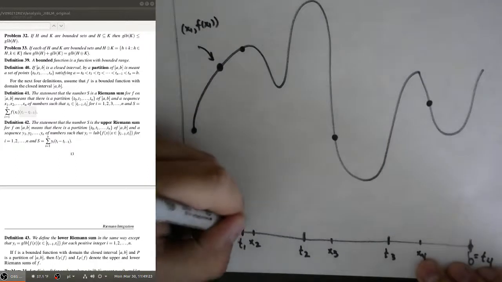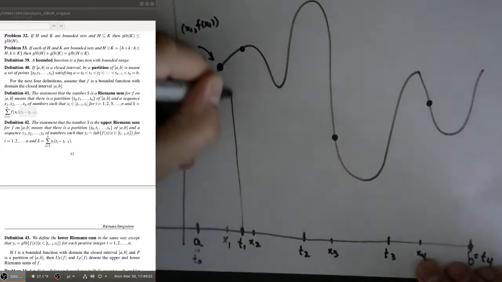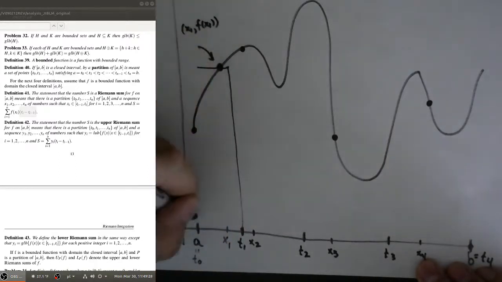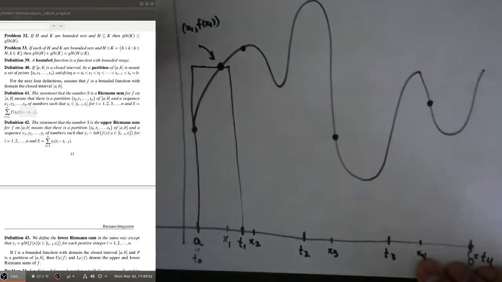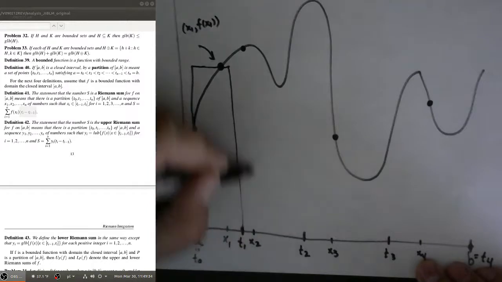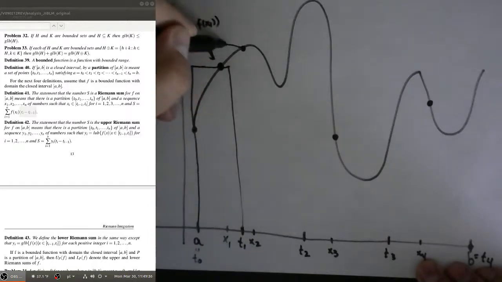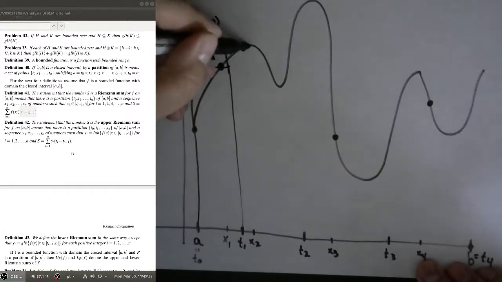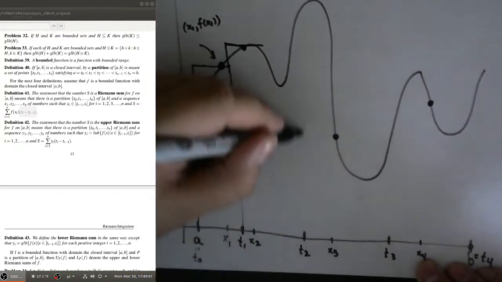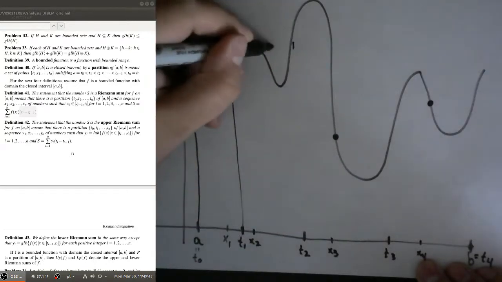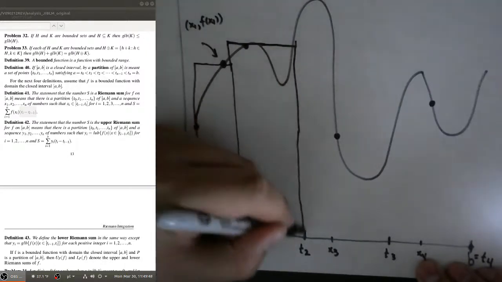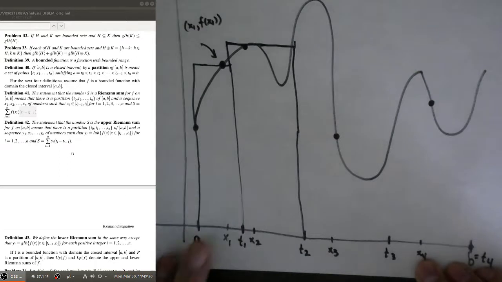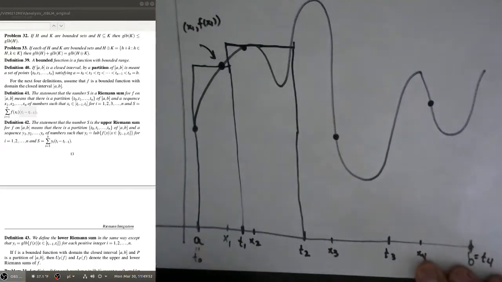So if I draw the rectangle in here, I end up with this rectangle. Now at this point, the height is given by this value. So I get this rectangle here, and it goes until I reach the domain value T2 horizontally. One thing that's different in real analysis in general from Calc 1 is that the widths of these rectangles are not the same.